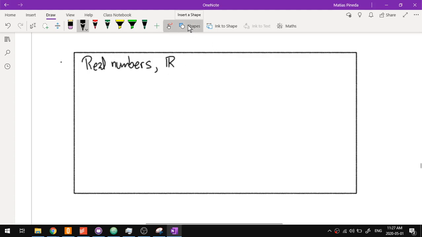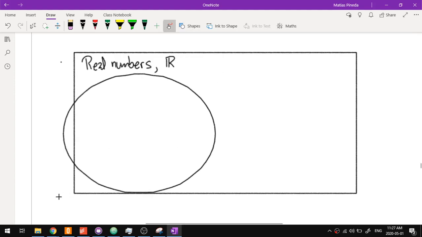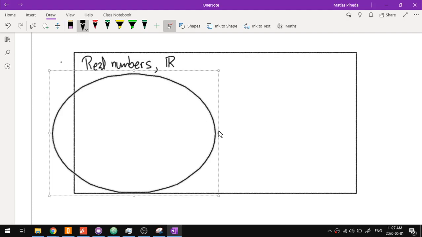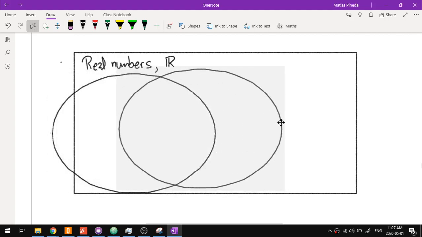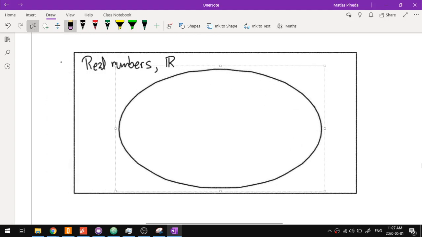Now, real numbers are split into rational and irrational numbers. I'm going to draw this oval here and try to do this somewhat neatly. Okay. So on the left-hand side, we're going to have rational numbers.